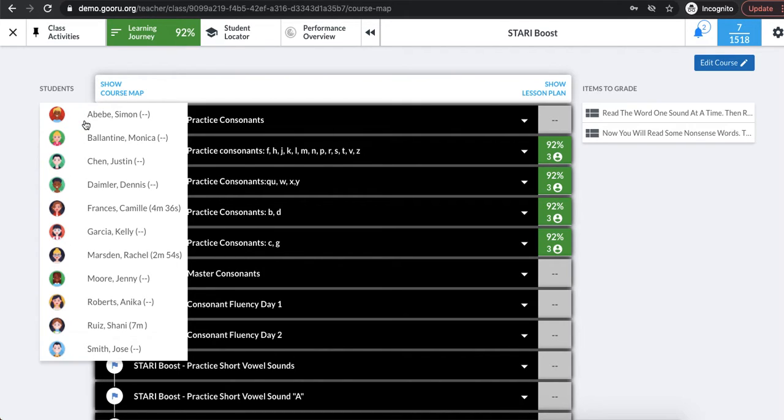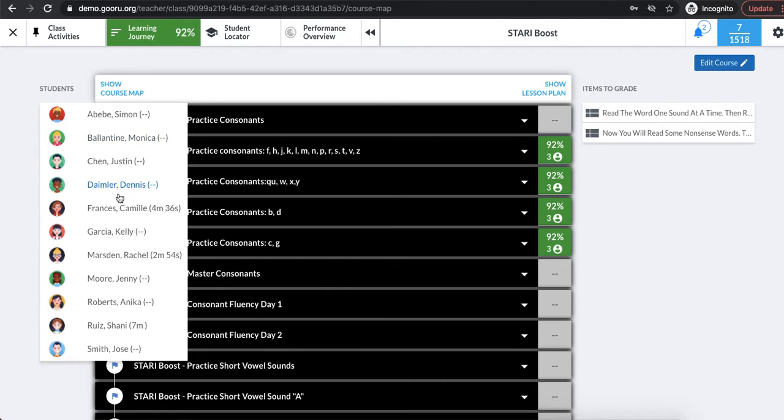So most students haven't started working today on their STARI Boost class in Gooru. However, I can see Camille has spent about 4.5 minutes, Rachel spent almost 3 minutes, and Shawnee has spent 7 minutes. So this is another high-level way to just check to see who's working, who's not working, and how much time they're spending on this course.